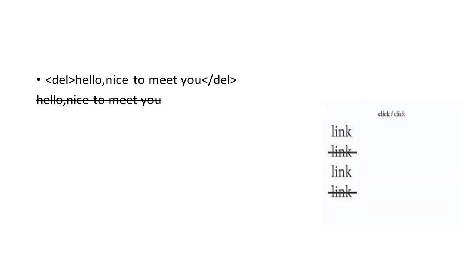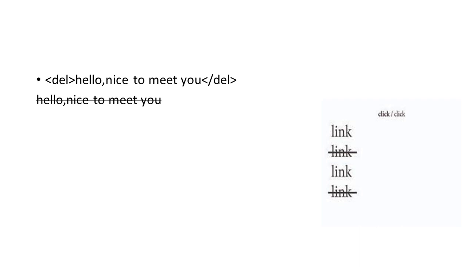For example, look at this. Del, at the starting we have opened with delete, and at the ending we have used the slash statement. The opening and the last slash del are mandatory for everything. In the sense, first you are opening and then last you are closing.